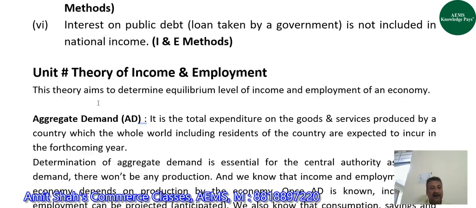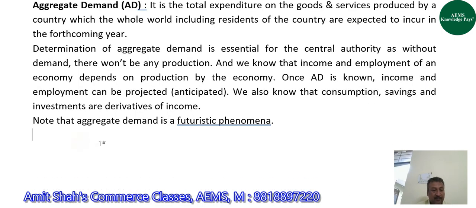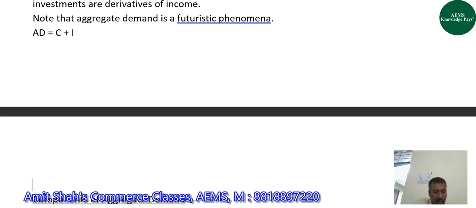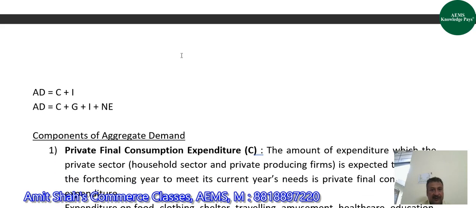When I started with aggregate demand and its components, I mentioned that it can be broken down into two or into four. Both these equations I have shown you earlier.